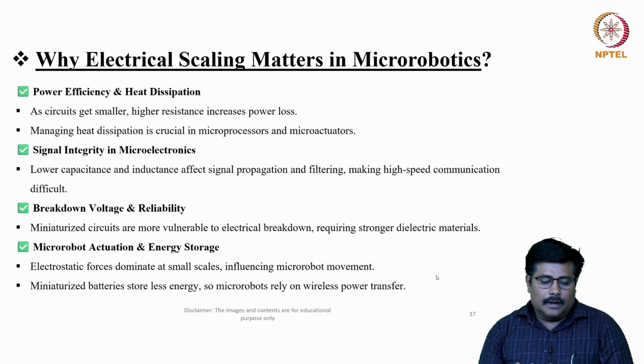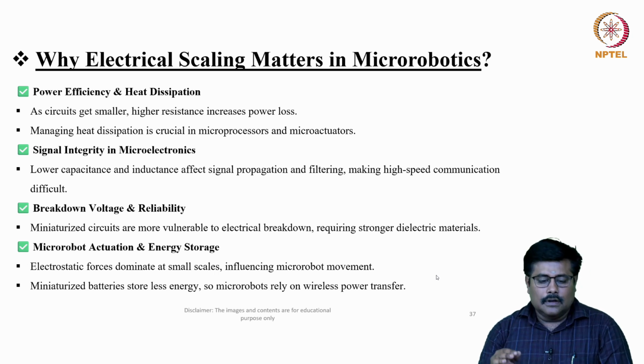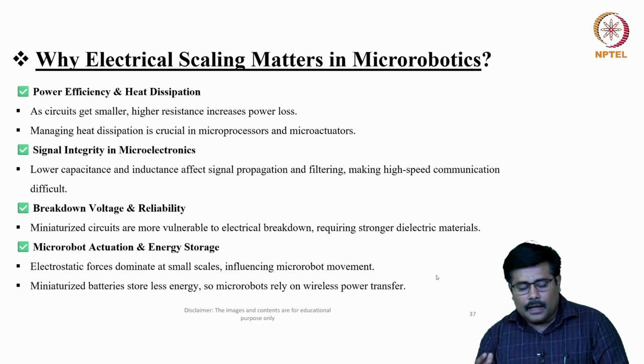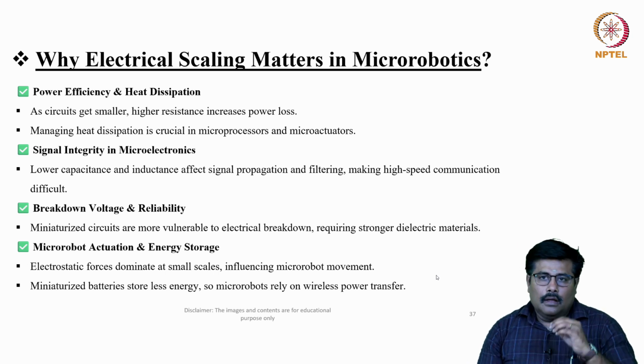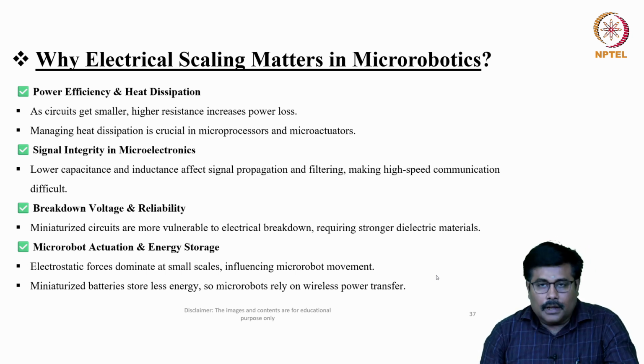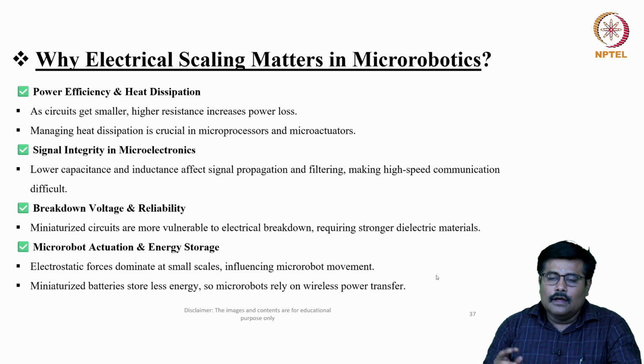With reference to breakdown voltage and reliability, miniaturized circuits are more vulnerable to electrical breakdown, and they require stronger dielectric materials. One of the key aspects is micro-robotic actuation and energy storage, where electrostatic forces dominate at small scales, influencing micro-robotic movement.